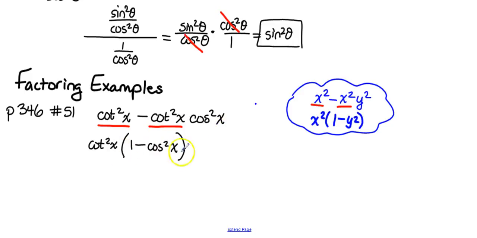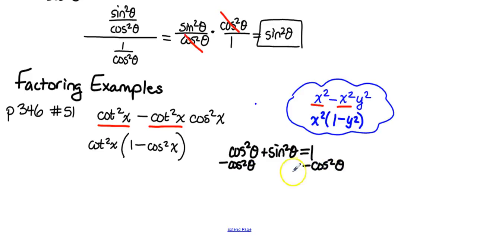One minus cosine squared rings a bell. And maybe I'm going to say, I don't want to look at my notes, I want to figure it out. So I remember cosine squared theta plus sine squared theta equals 1. If I subtract cosine squared, I get sine squared theta equals 1 minus cosine squared.